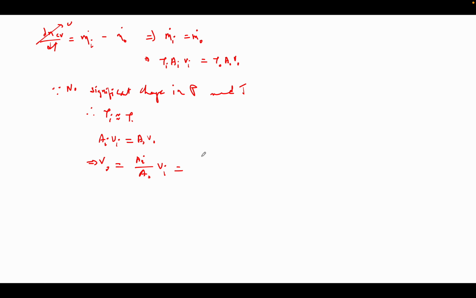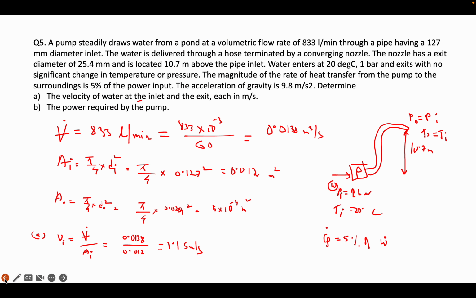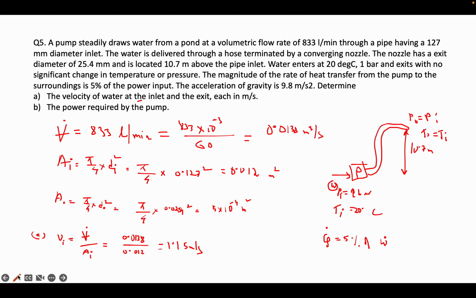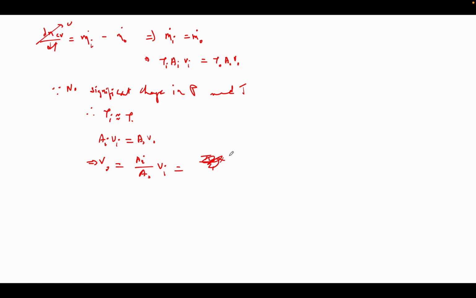That is 0.012 times 1.15 divided by 5 into 10 to the power minus 4.